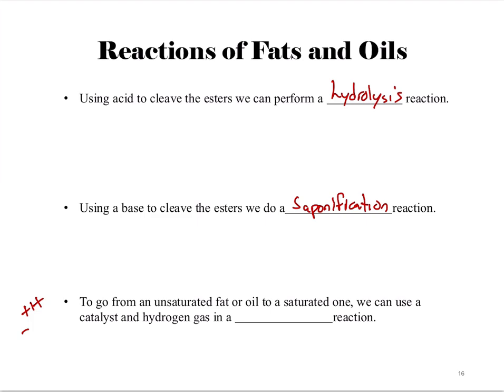Because remember, we did this when we went from alkenes to alkanes, way back probably the second week of class. An alkene is classified by a double bond, and an alkane has only single bonds. So we're breaking the double bond, getting rid of the double bonds and adding hydrogen in their place. So we add hydrogen and minus carbon-carbon double bonds.